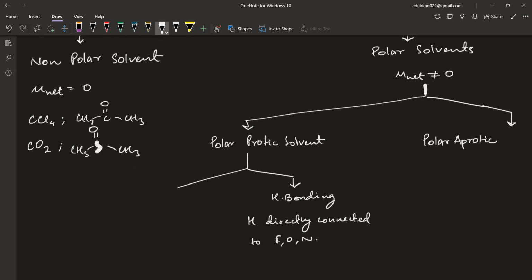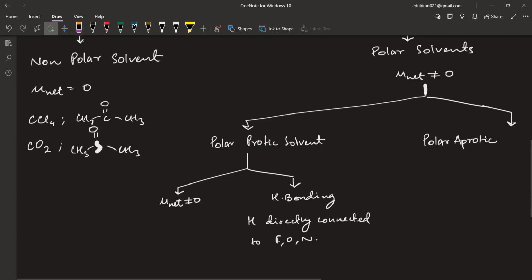So these are polar protic solvents. They will have two different attributes: mu net will not be equal to 0, and they will also contain hydrogen bonding.